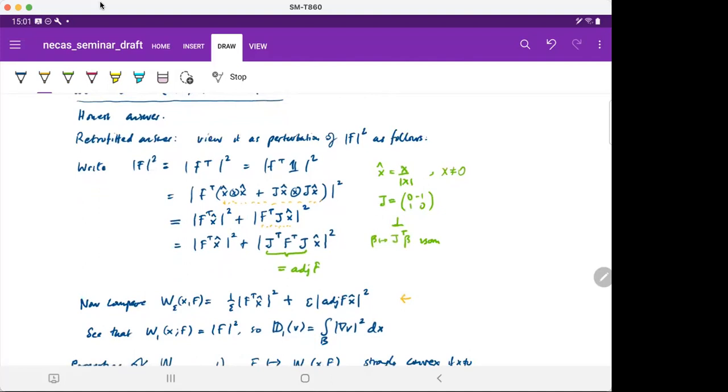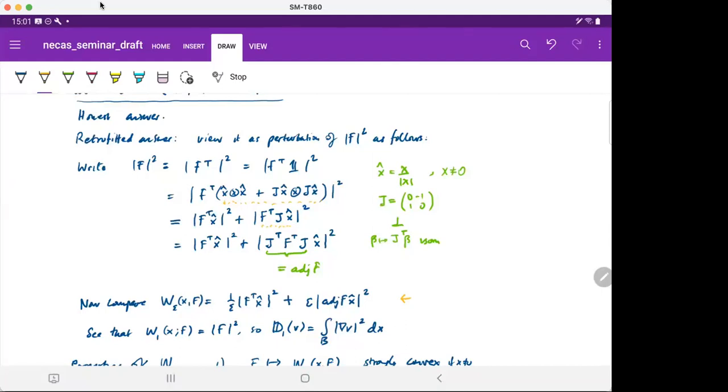So mod F squared can be represented in this admittedly complicated way. The reason I pointed that out is that if you then substitute epsilon equals 1 into the equation with a little orange arrow next to it, you find that you recover exactly that condition, and then you can trace your way back and say, okay, so W1 is just the Dirichlet energy.